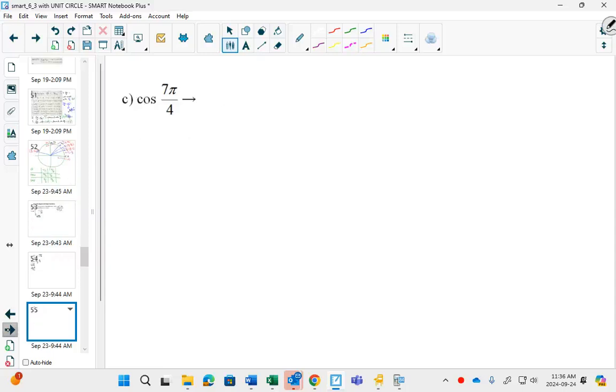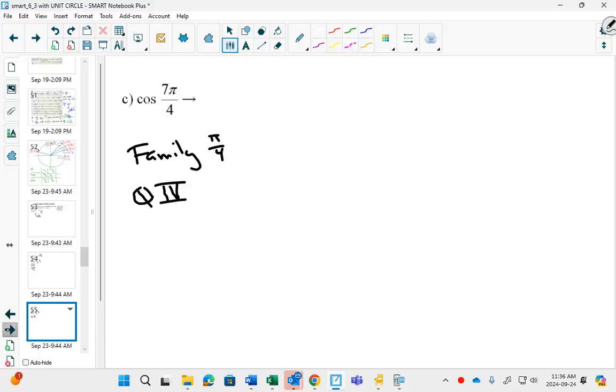And you see the family is super easy to see in radians, not always as easy to see in degrees. But my family here is the pi over 4 family. What quadrant is 7 pi over 4 in? Quadrant 4.